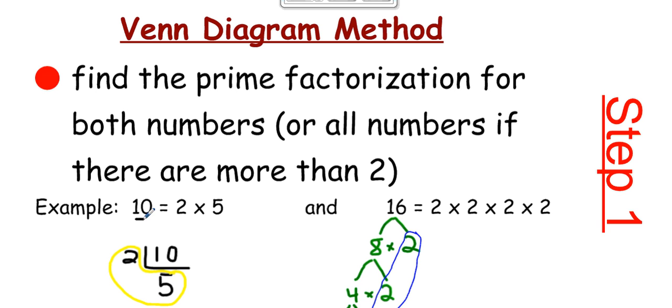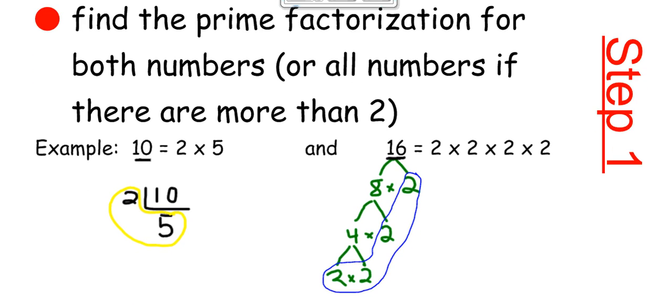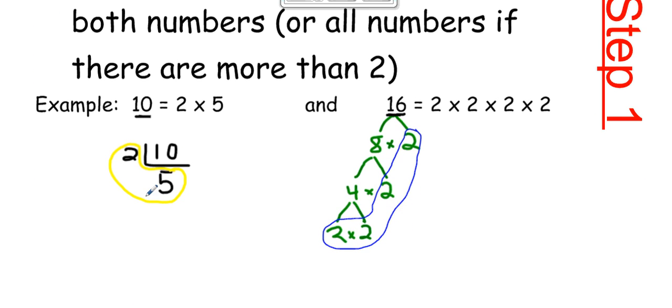So in our example here, we have the number 10 and we also have the number 16. We break it down and find the prime factorization, and here we have the division ladder or the factor tree, and you can use either method. But the most important thing is that we are finding that prime factorization. Here we have 2 to the 4th power, or 2 times 2 times 2 times 2, and 2 times 5.